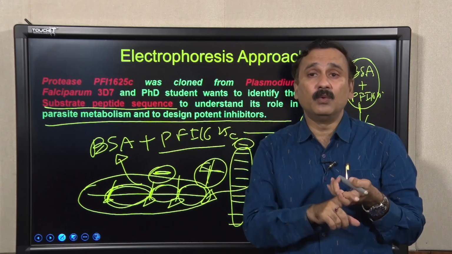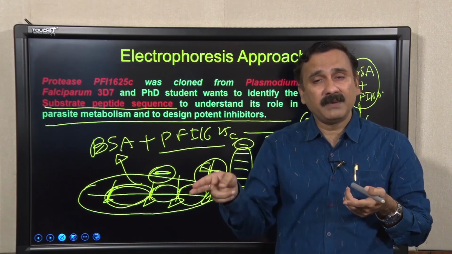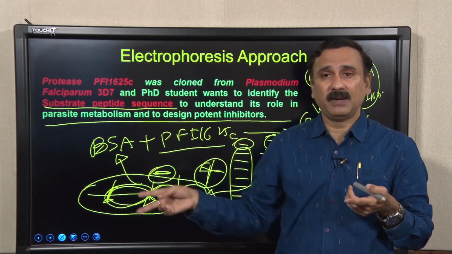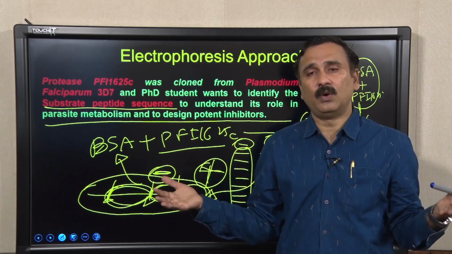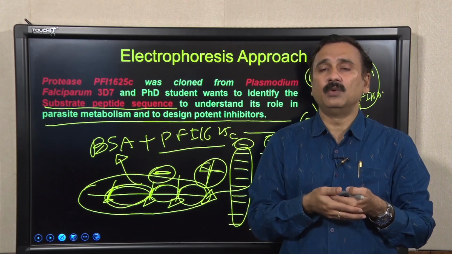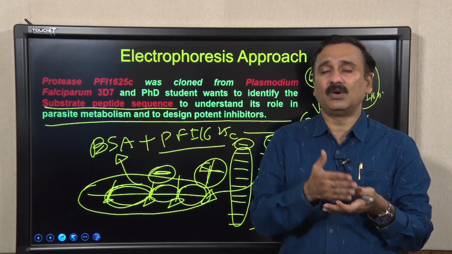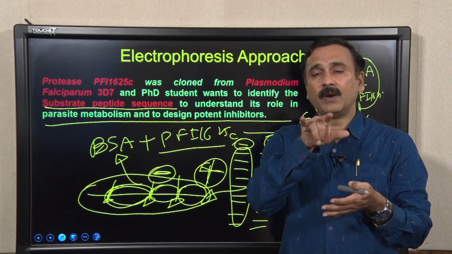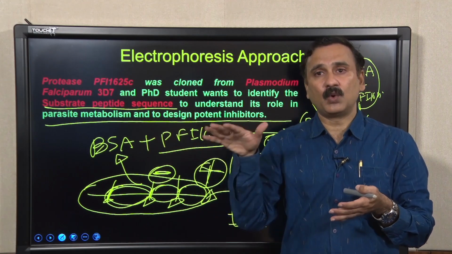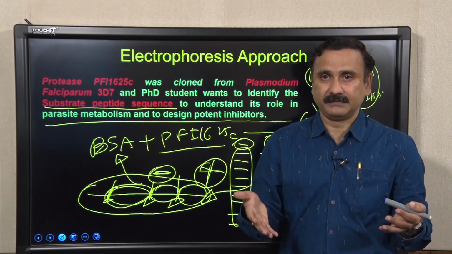This means you are going to get not only one peptide but multiple peptides, and if you do all that analysis, it is going to tell you the preferences of this particular protease, or the site it requires to cut proteins.